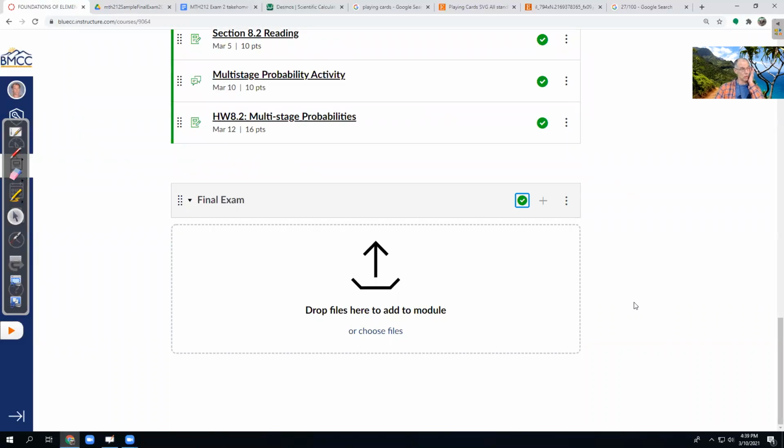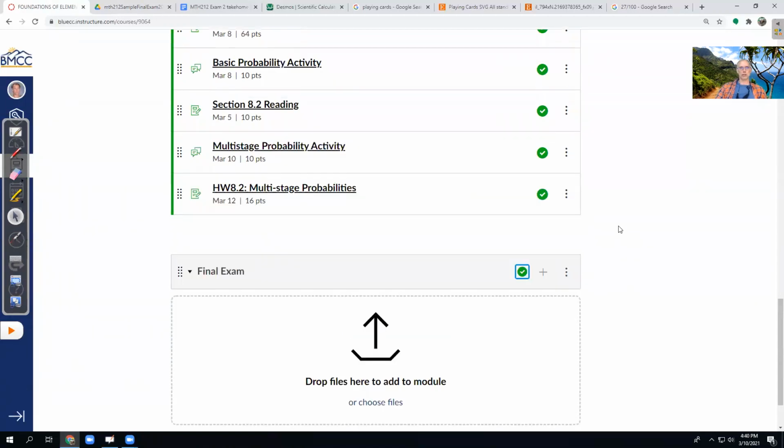Either you'll have like 1 day to get the final done, either on Monday, Wednesday, or Friday, or the final will be in 2 parts, like a take-home part and then a timed in-class part. And I still haven't quite decided what to do there. But I will decide by tomorrow, and I'll let you know about it. So the final will have to be turned in by Wednesday of next week, so I have enough time to get it graded by Friday morning.